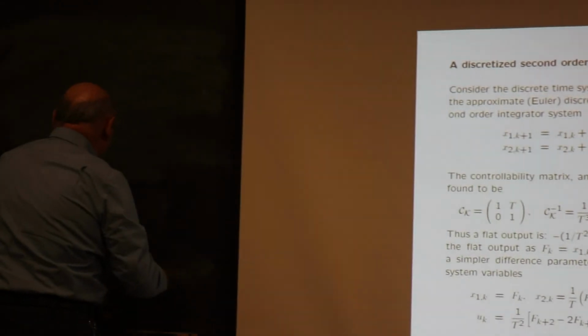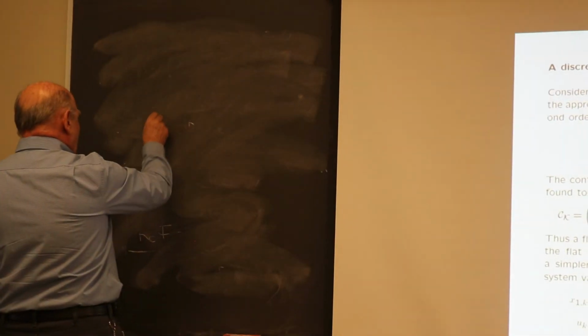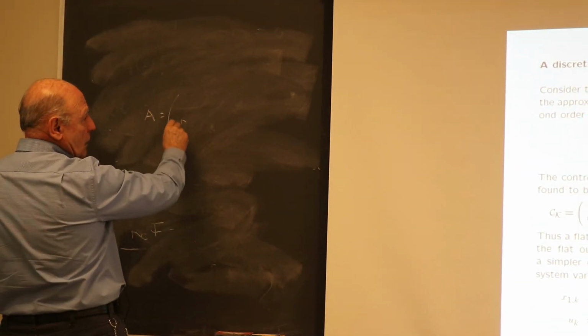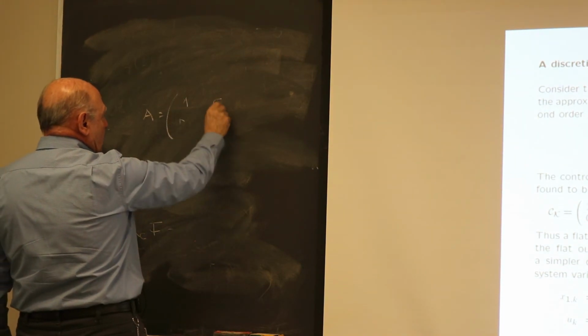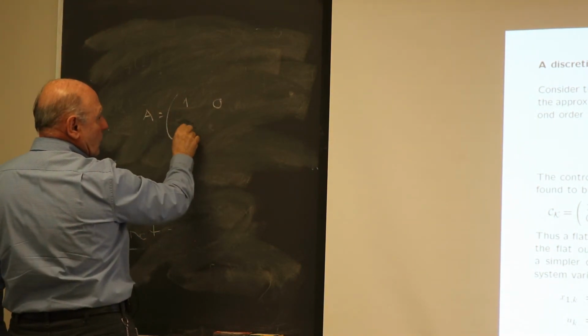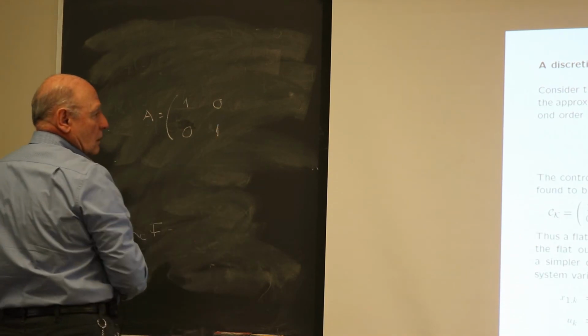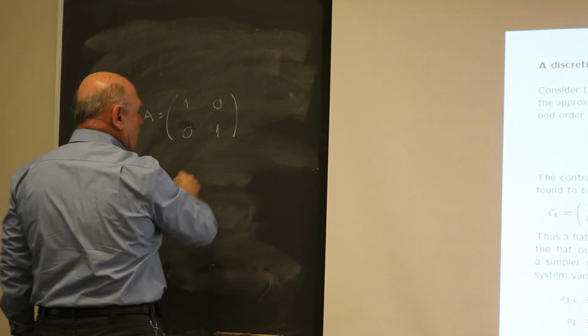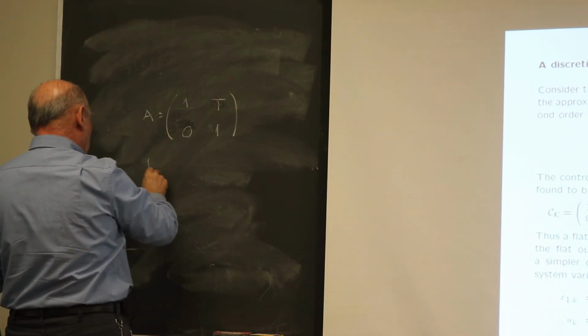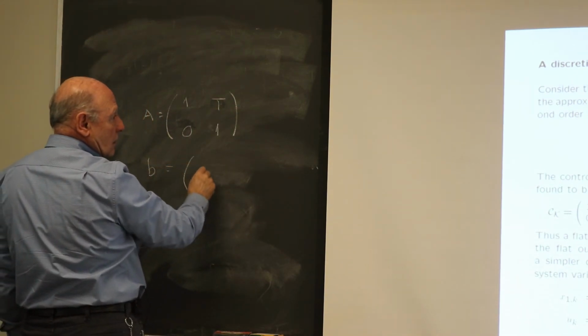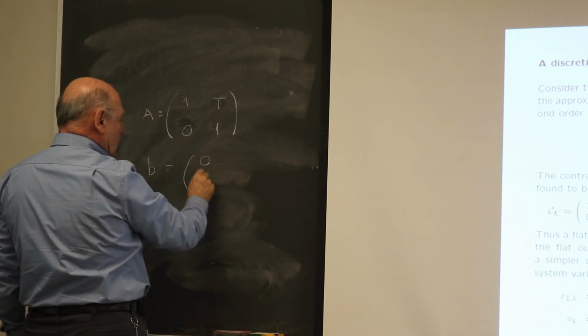A is the matrix [1 T; 0 1], and the B matrix is [0; T].